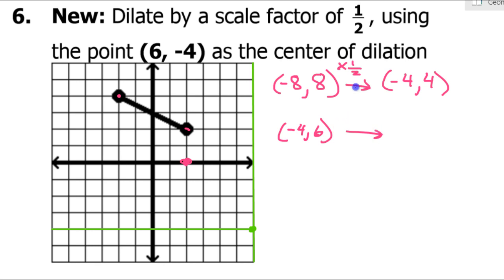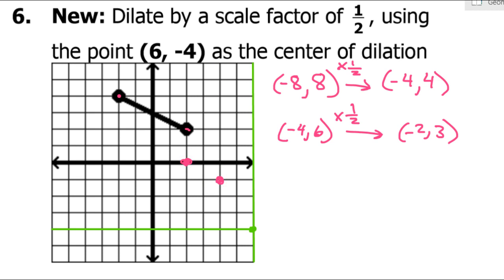Now we're going to do the scale factor of 1/2. So that's going to become negative 2, comma 3. We will again graph it on our fake graph. So pretending this is the origin, negative 2, comma 3 will be here. And so here you have it.